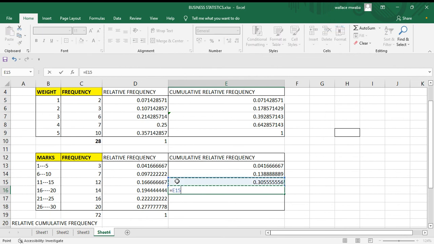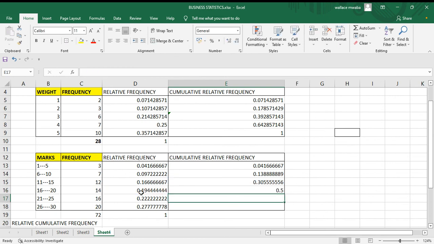Then 0.305 plus 0.1944, we get 0.5. Then 0.5 plus 0.222222 gets 0.72222. And 0.72222 plus 0.2777 gets 1.